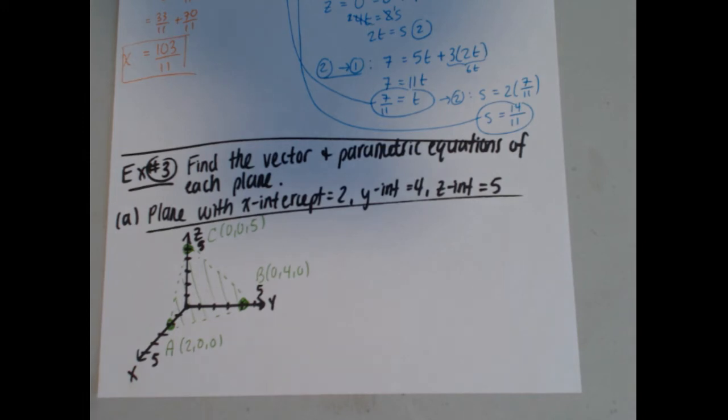But this is just one cutout of it. In order to figure out the equation of a plane, either I need 3 non-collinear points, which I do, or I have a point and 2 vectors. The reason why having 3 points is useful is because once you have 3 points, you can create those 2 non-parallel vectors.